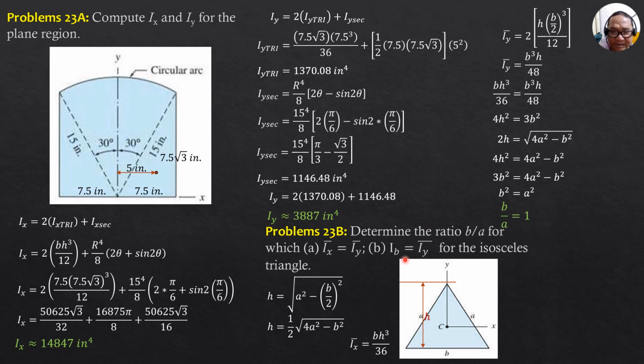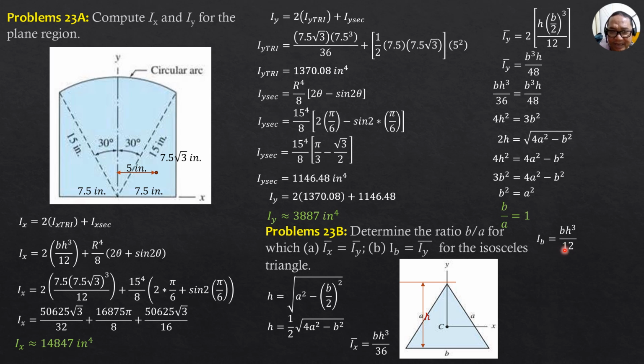Then for part B, IB equals I barred y. I barred y is already computed, b cubed h over 48. IB with respect to the base of the triangle, just like IY of one triangle, is height times b over 2 cubed over 12. So this is b times height cubed over 12, IB.